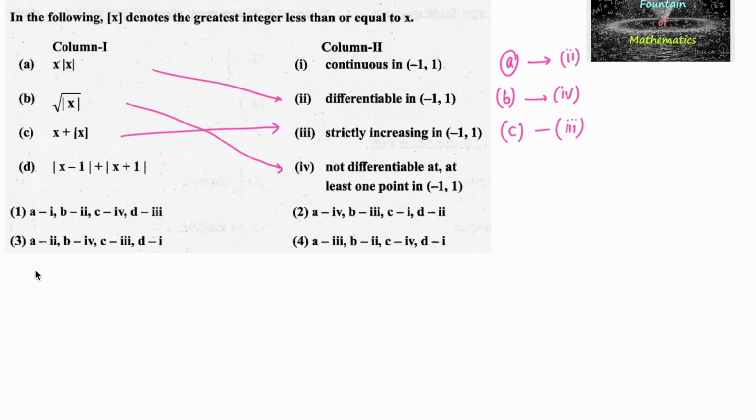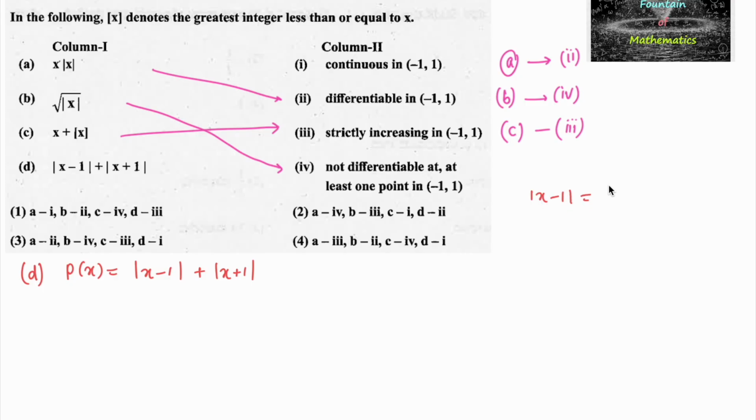Now let's consider the fourth one. Say p of x is equal to mod of x minus 1 plus mod of x plus 1. So let us consider the three intervals.